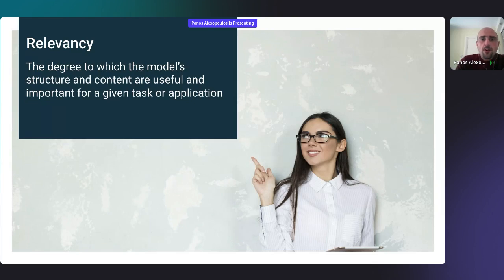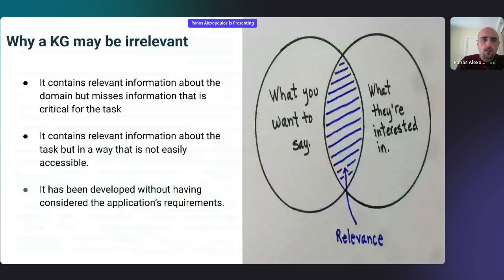And you can have a perfect knowledge graph when you see it from an objective perspective, but when it comes to being actually useful for the application that you want, it does not meet all the requirements, in terms of representation, in terms of content, or some other dimension. We want the knowledge graph to meet the applications for which it has been developed, right?